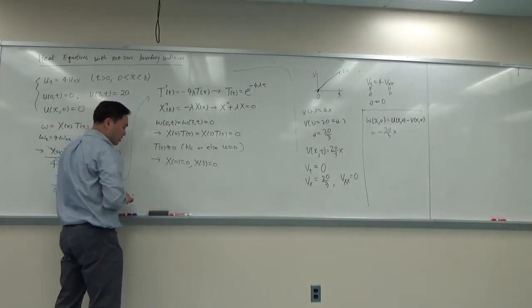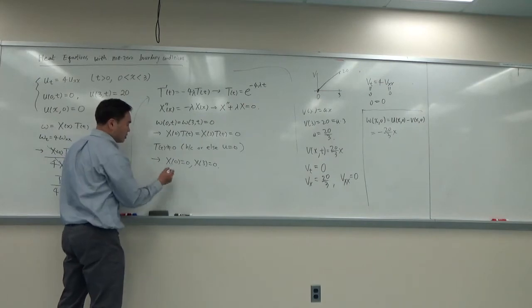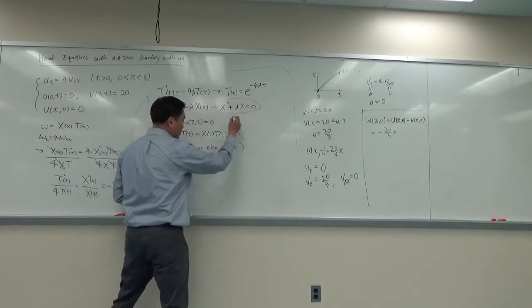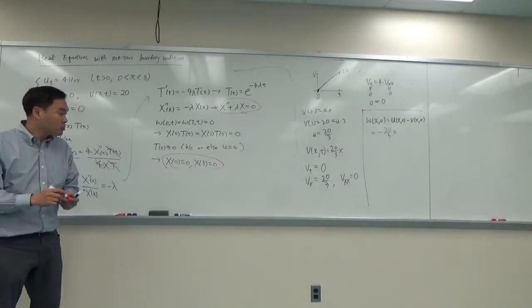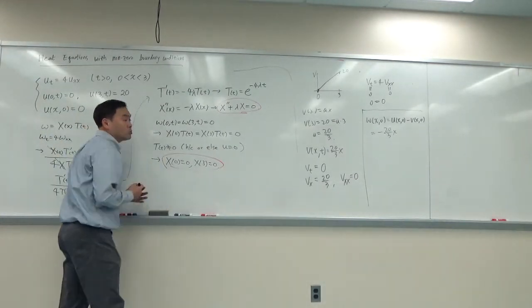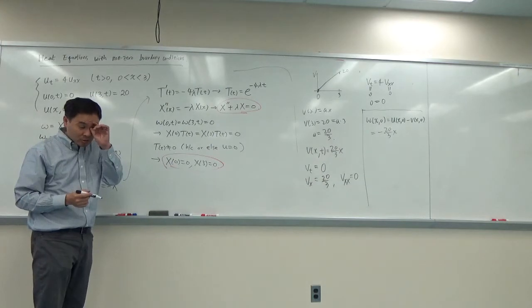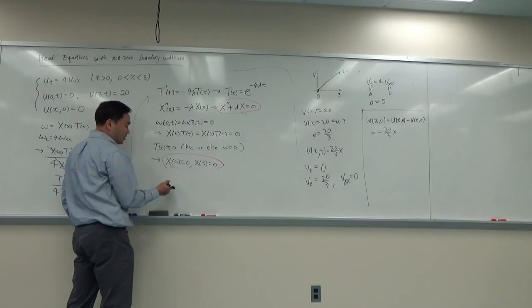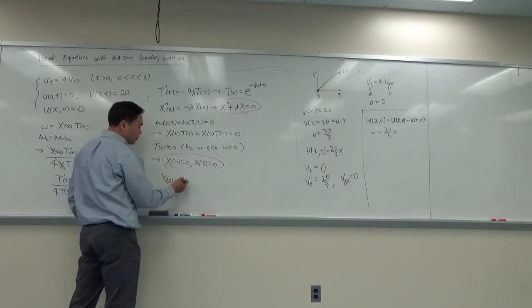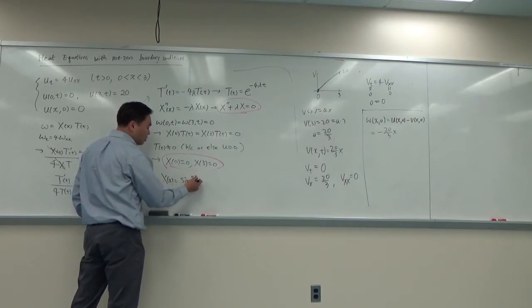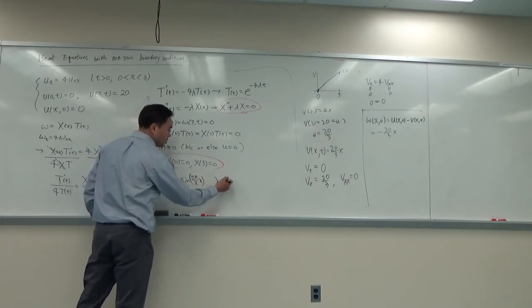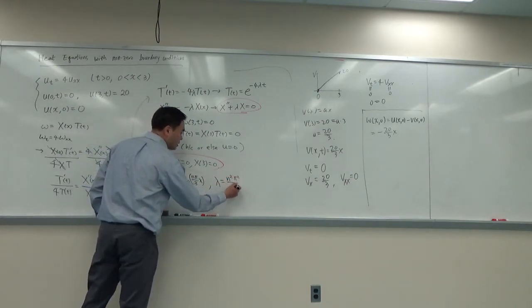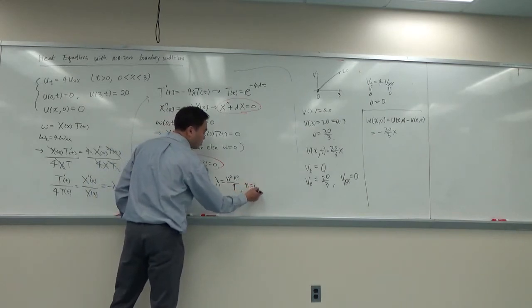And this one here, together with this, gives you a Sturm-Liouville problem whose solution, we either did this for homework or for the practice exam, I can't remember, but you'll see that this will have a solution X of x equals sine of n pi over 3 x, with lambda being n squared pi squared over 9, with n equals 1, 2, 3, and so forth.